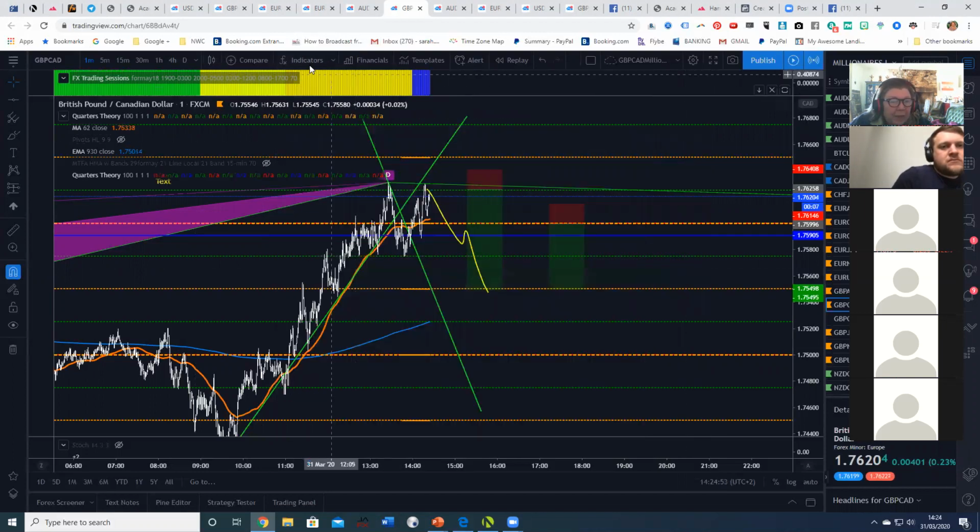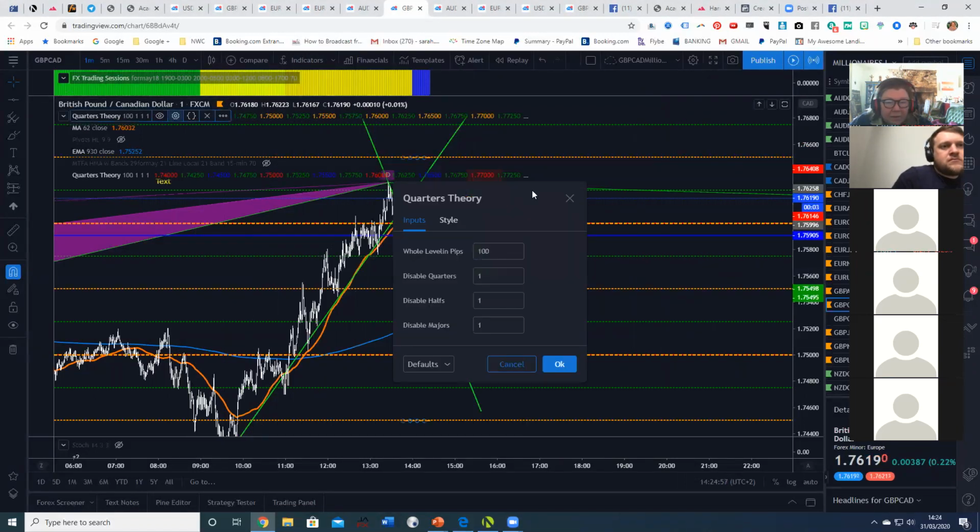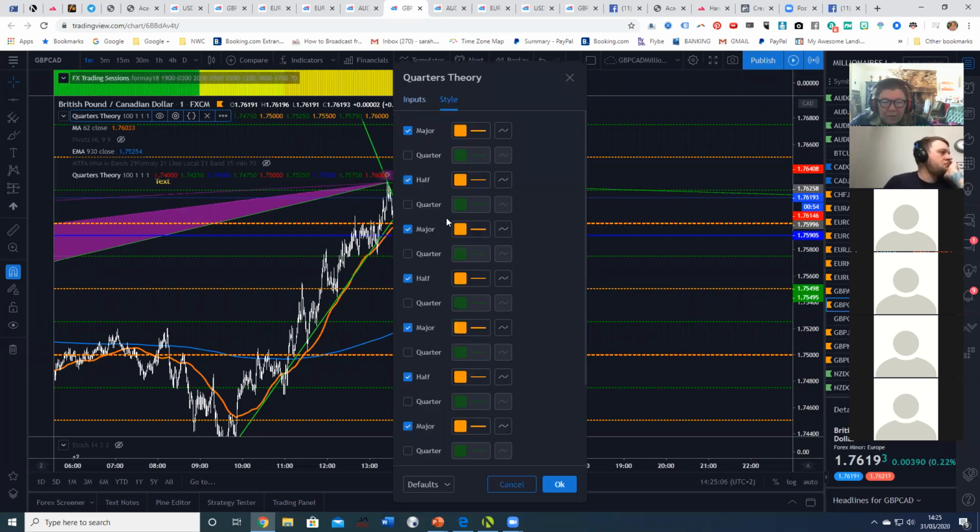Basically, all I need to know is which ones do you blank out and which ones do you keep? Oh, fine. Okay. If I go to settings, on inputs, it's just as it appears, 100, 111. You want to take a screenshot of that. And then on style, perversely, you untick all the quarters, because that's the 25 line.